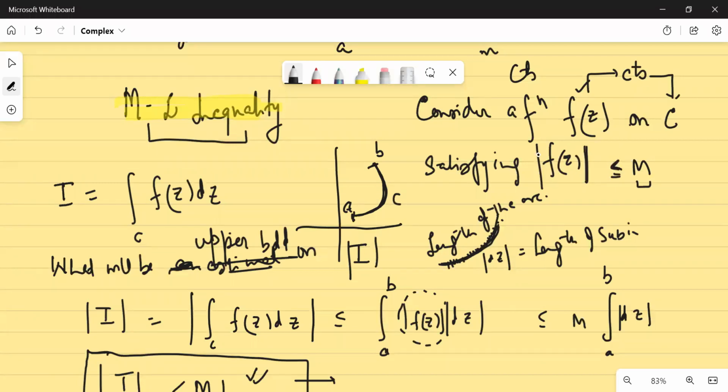That is, I am saying that on the curve C, function is maximum somewhere. I don't know where, but there is a maximum for the function f(z).